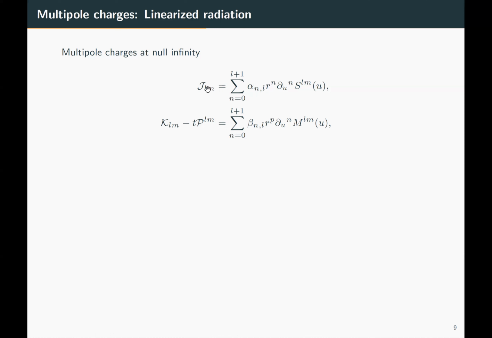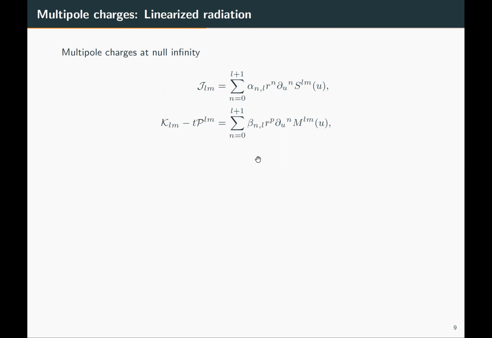As you see here, the charge in linearized gravity, when you have radiation, is a polynomial in powers of R. So when the boundary is at large R, these results blow up.